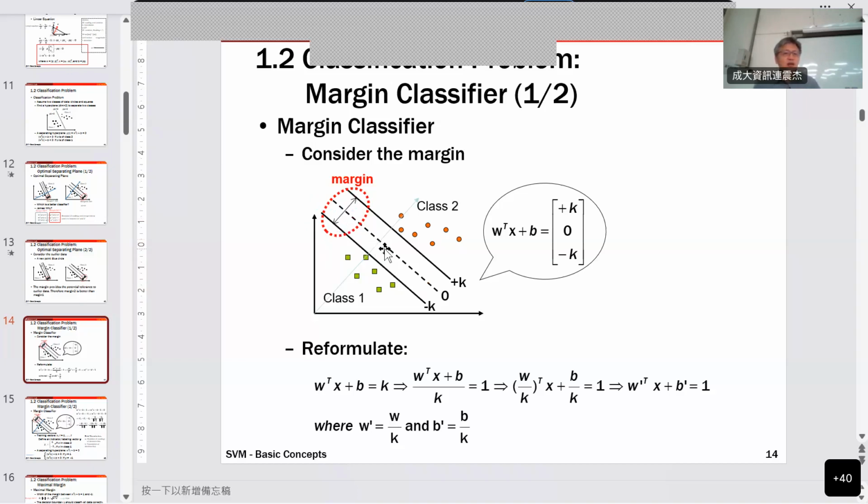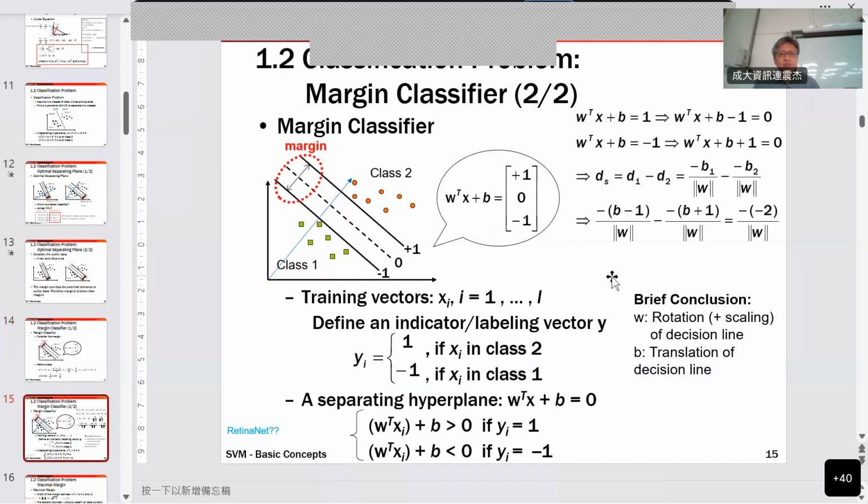Now the key part begins. As we just said, we divide so it becomes 1 and minus 1. So this margin line becomes plus 1, 0, minus 1. We divided by the constant term, so the original one plus b becomes 0, and this margin line becomes 1.